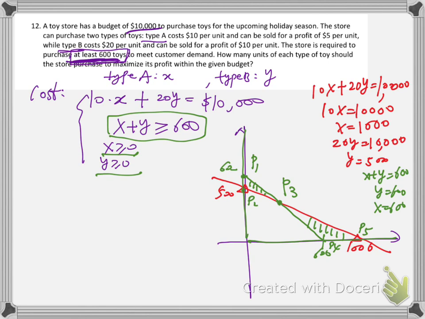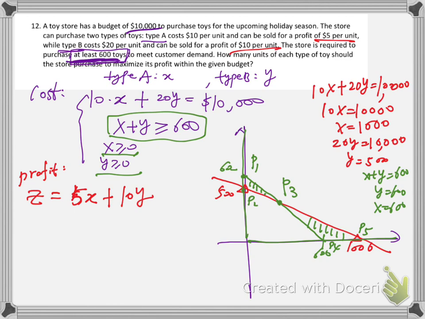For minimum and maximum. Okay, so now let's look at what's the profit. What's the function z for profit? So now type A, we will get $5 after you sell 1 toy of type A. So we got 5x, that's the profit for type A. And then for type B, we got 10, so this is 10y.